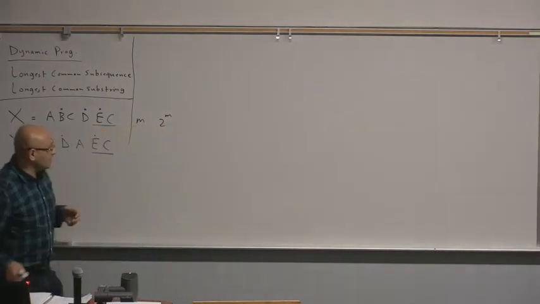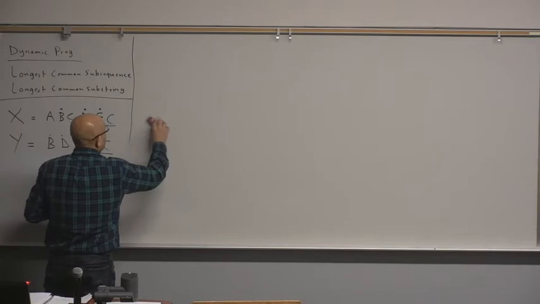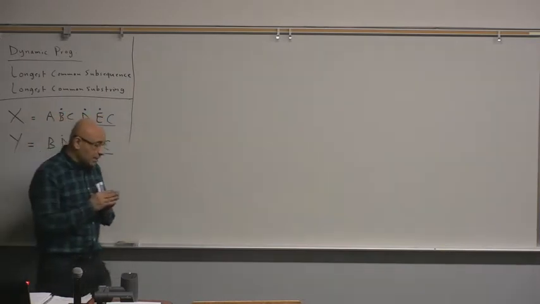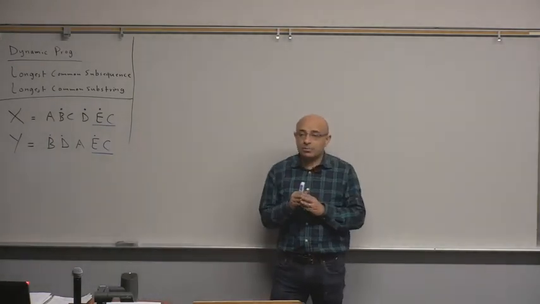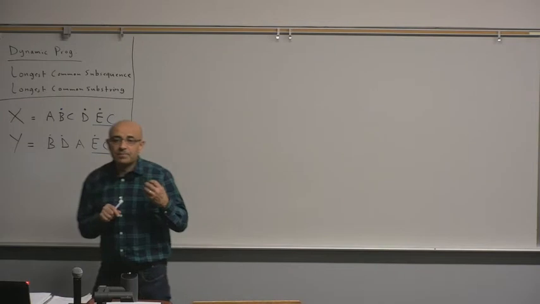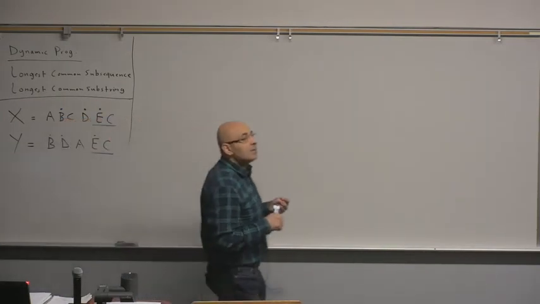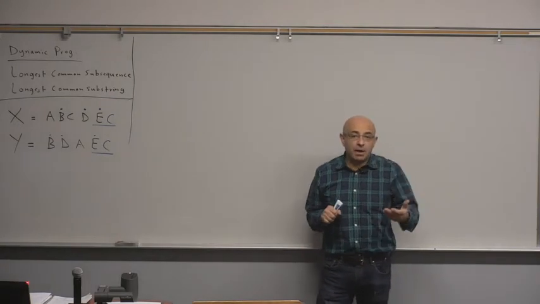Now let's think of this in terms of dynamic programming, in terms of smaller subproblems and larger subproblems. I think the best way to think of a dynamic programming solution to a problem is to assume that you have solved the smaller subproblems and see how solving smaller subproblems can help you solve bigger problems.